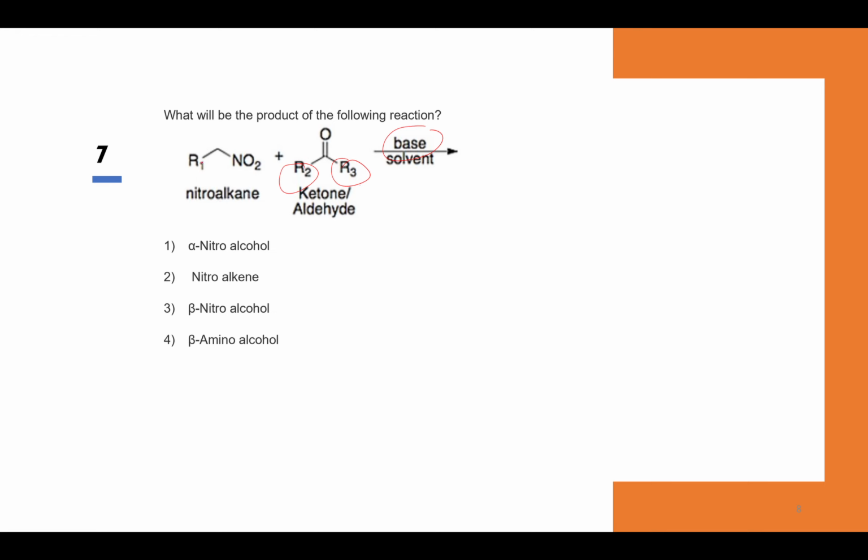So talking about the base here, the alpha acidic proton is this one, right? So it will abstract the proton from here, and it will become R1 negative. Okay, so it will attack on the carbonyl center this way to give the product.